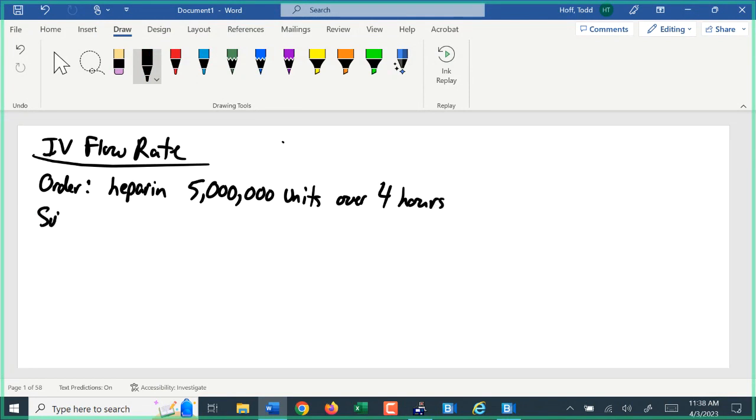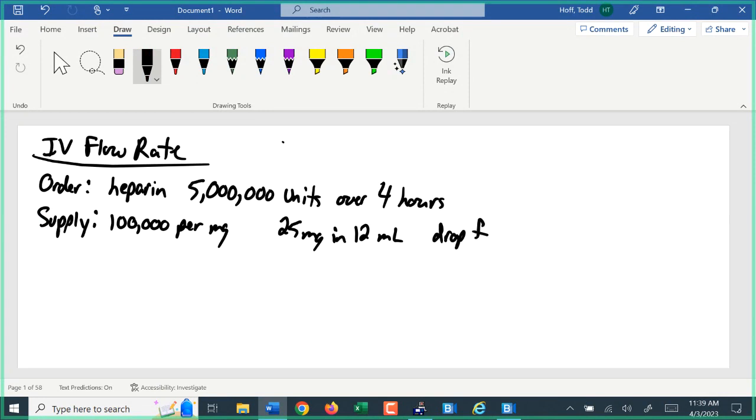And we look at our supply, the label on our supply is telling us that that is set up at 100,000 units per milligram, constituted at 25 milligrams in 12 milliliters, and with a drop factor of 16 drops per milliliter.